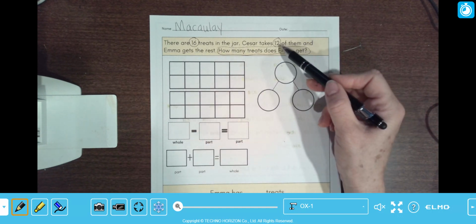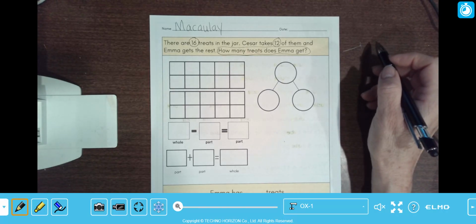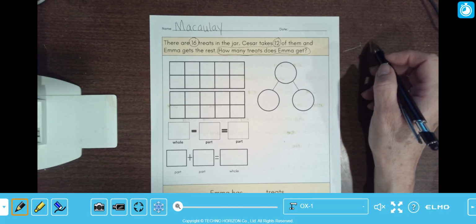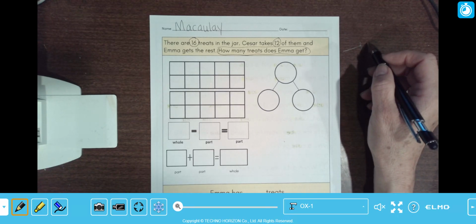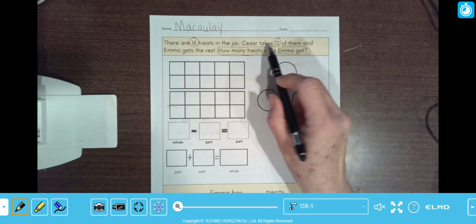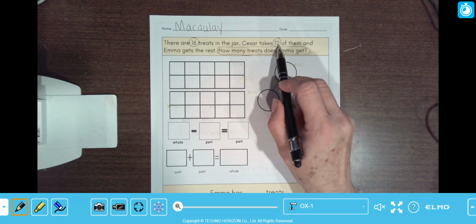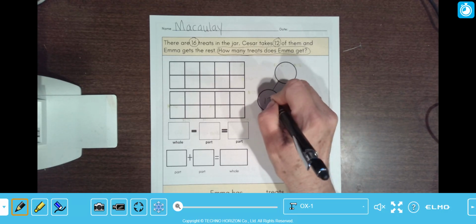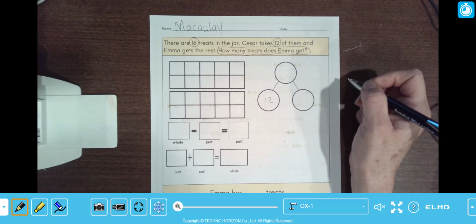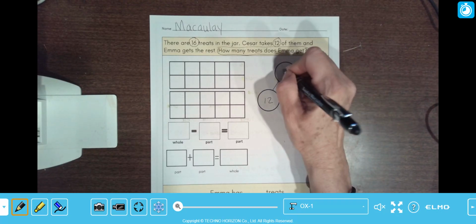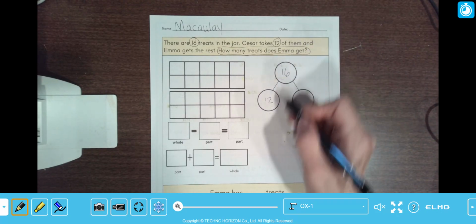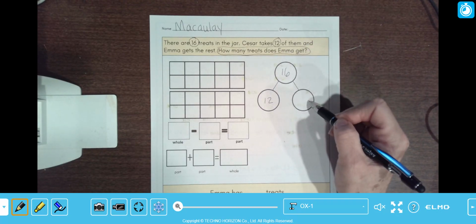And what does that 12 mean? Well, the 12 means the part of the treats that Caesar got. Caesar's part. So we know Caesar's part was 12, and we know all the treats in the jar were 16. We don't know how many Emma got.